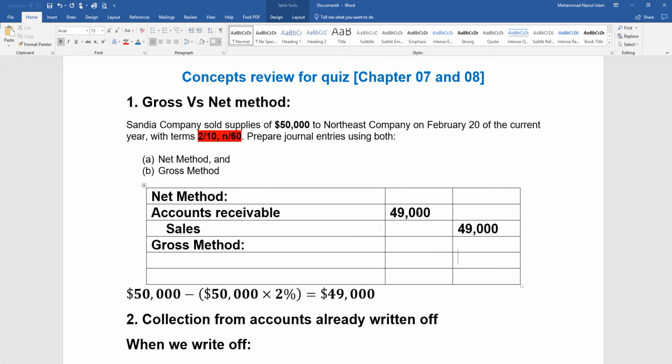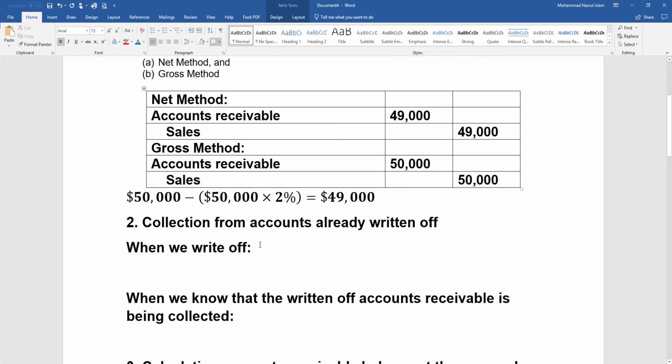And under the gross method, we don't need to calculate the discount, the 2%. We will be recording the gross method. So the same thing, accounts receivable debit 50,000 and sales credit 50,000.